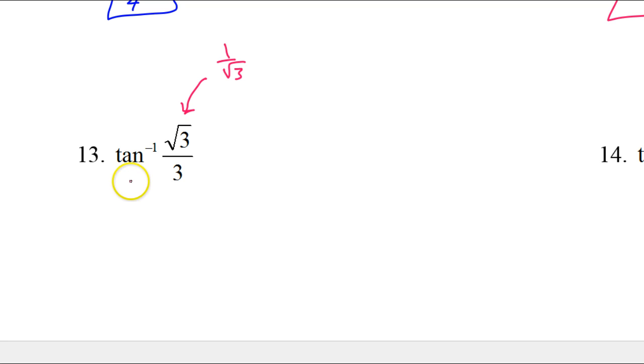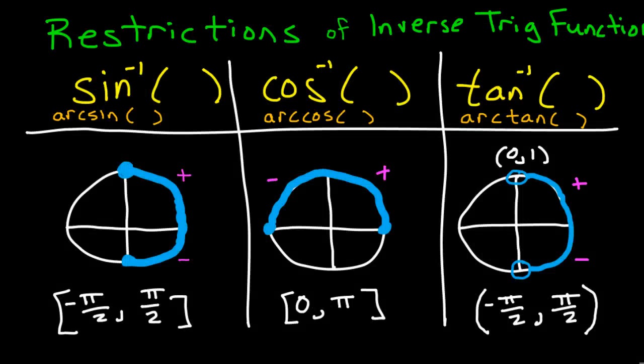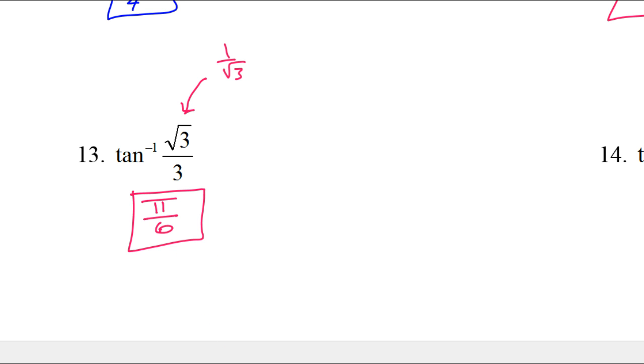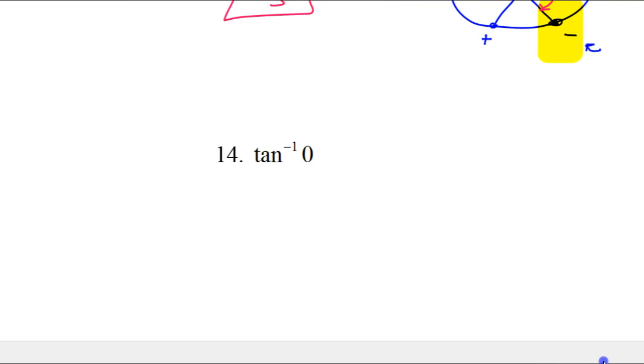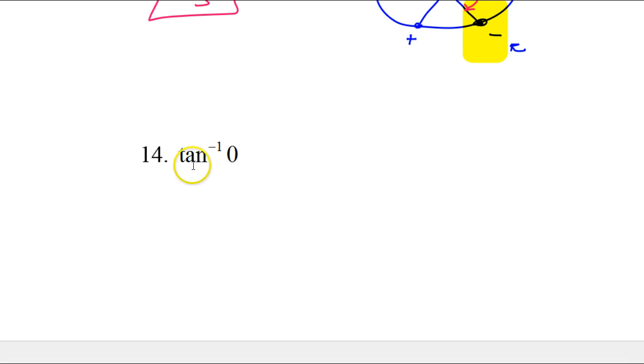We know that the tangent of pi over 6 is 1 over radical 3. So, in this case, pi over 6 is going to turn out to be the answer because we want it to be positive, and pi over 6 is definitely within the defined restricted domain. So we're good.